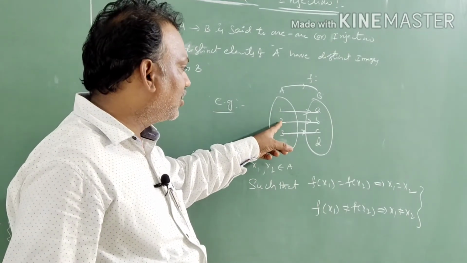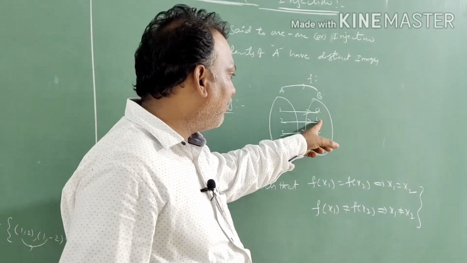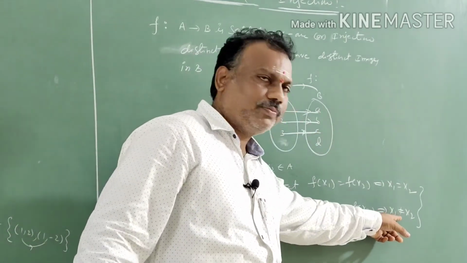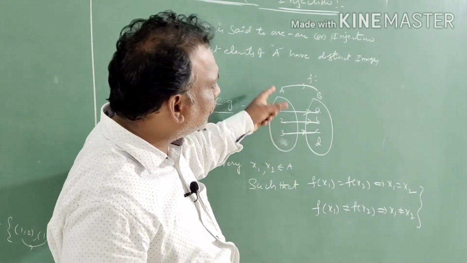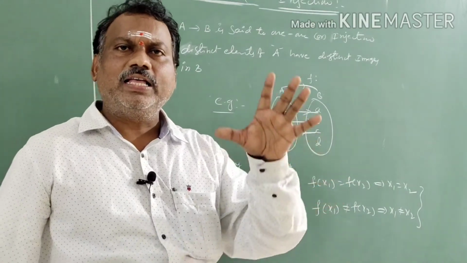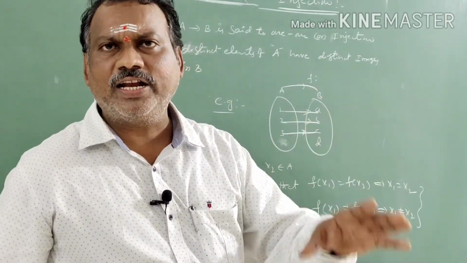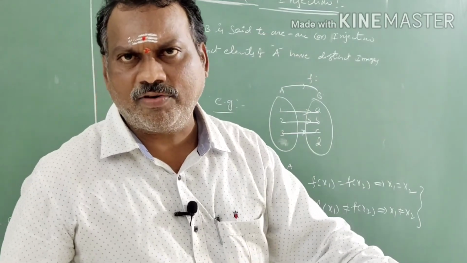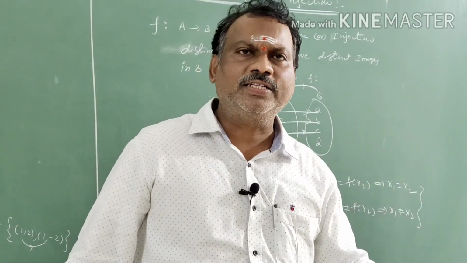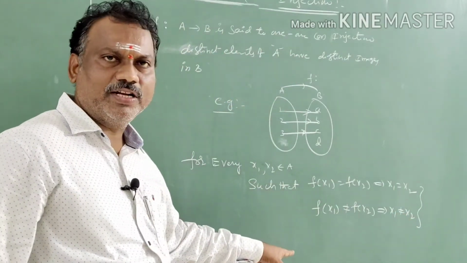So x1 and x2 are not equal. Obviously, f of x1 and f of x2 are also not equal. If suppose x1, x2 are equal, f of x1 and f of x2 must also be equal. Then only we will call the given function a one-one function or injection. Understood, students? This is the mathematical definition.